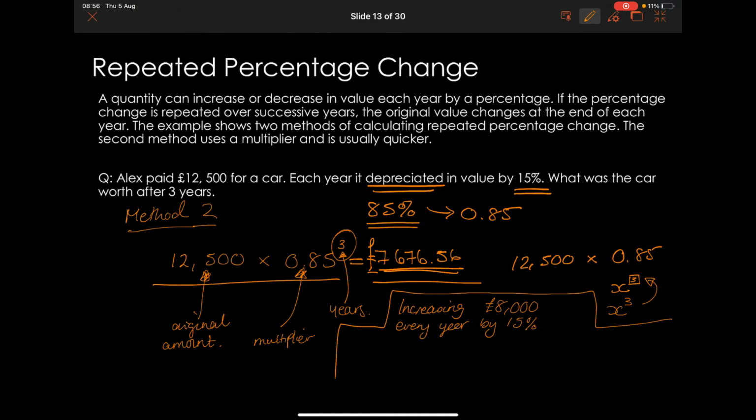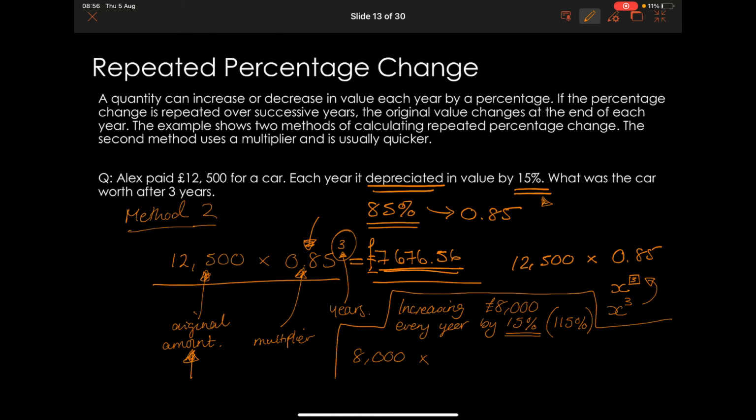But let's say 15% just for this reason. I'll show you some more like this in a minute. Your original amount would be 8,000. It would then be times by the multiplier, but we're increasing here, so we need to increase it by 15%. So that's technically 115%.